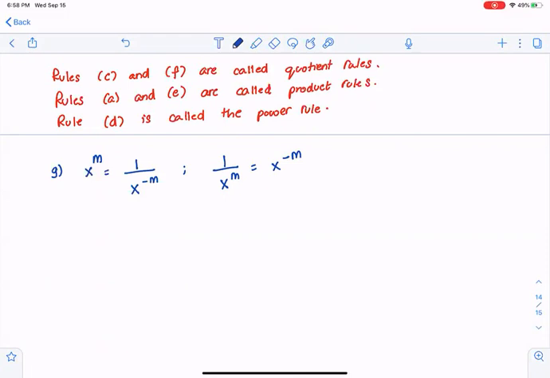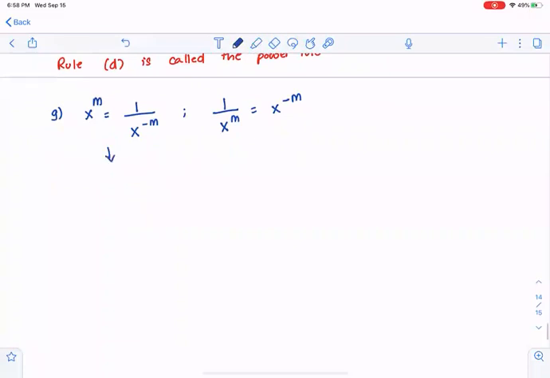The easier way to remember this is x raised to m can be written as x raised to m over 1. So anytime you move an exponent from the numerator to the denominator, the power will change in sign. So when that entire x raised to m moves to the denominator, we end up getting x raised to negative m.